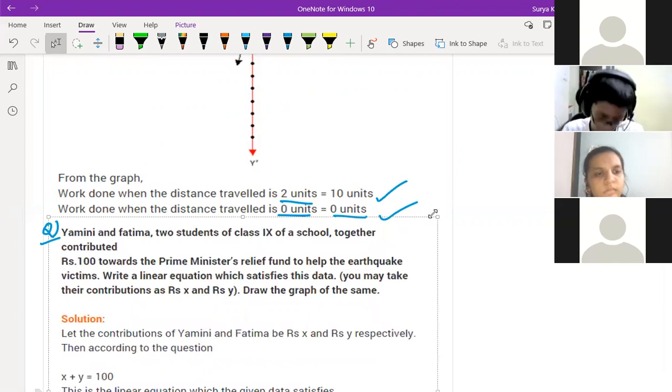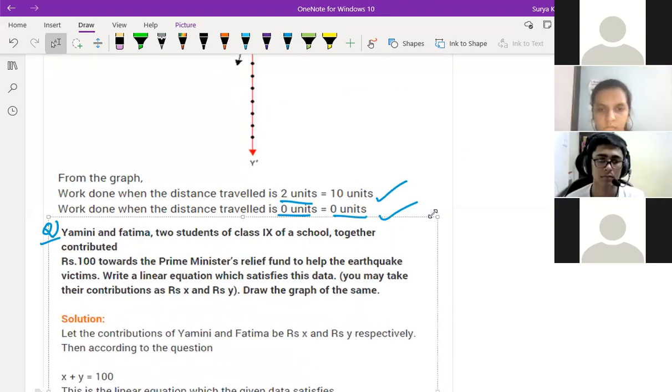Okay, so 2 children of class 9th are contributing 100 rupees together towards the Prime Minister Relief Fund. Write the linear equation which satisfies this data.